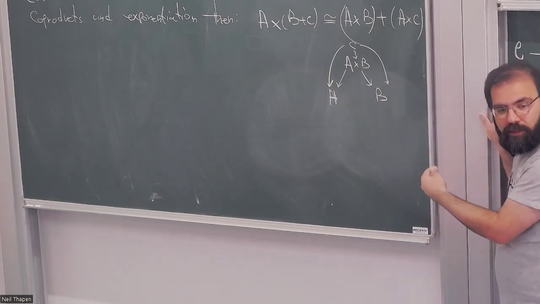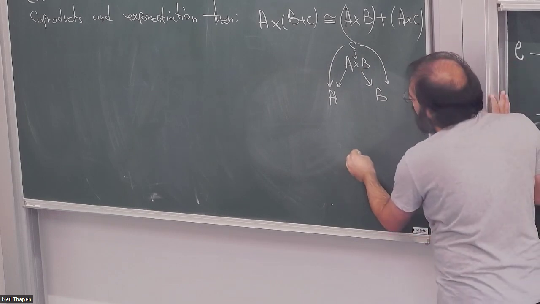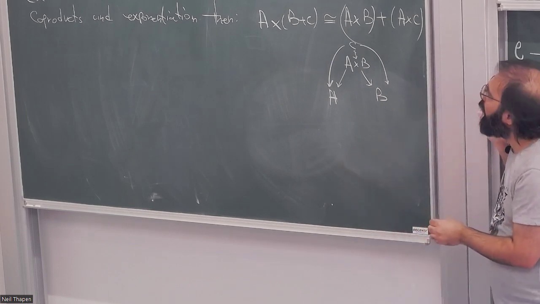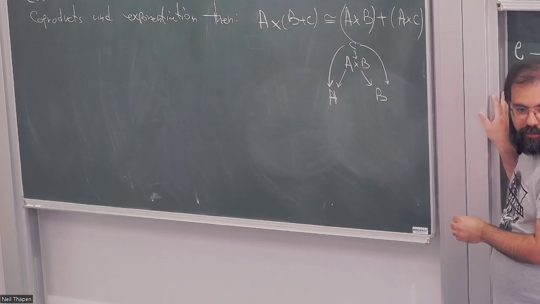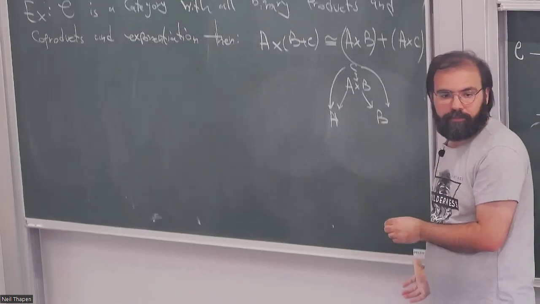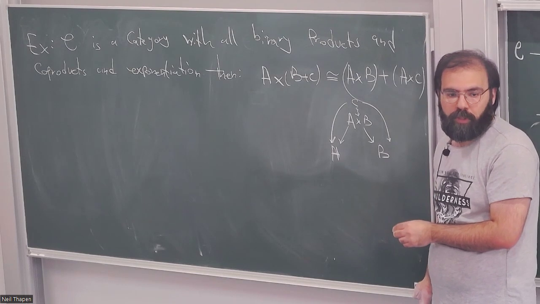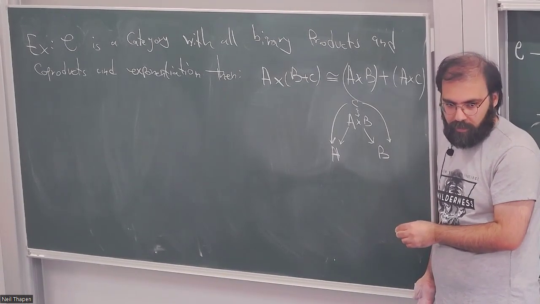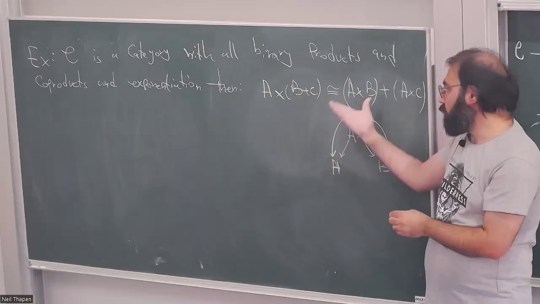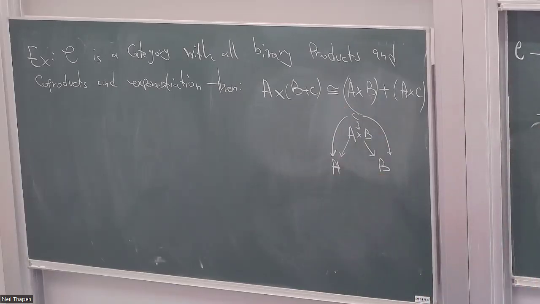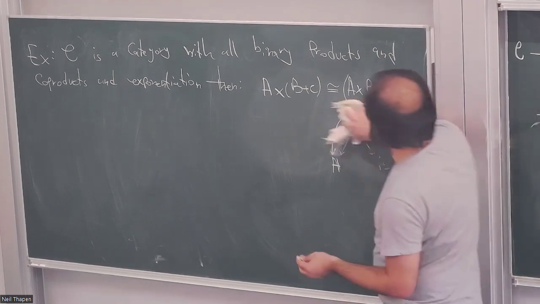And the dual of it is the coproduct. And the exponentiation is your single object coding all functions. And you need it, because that's not always true. But I'm saying that it is true here. So let's see how to prove this.